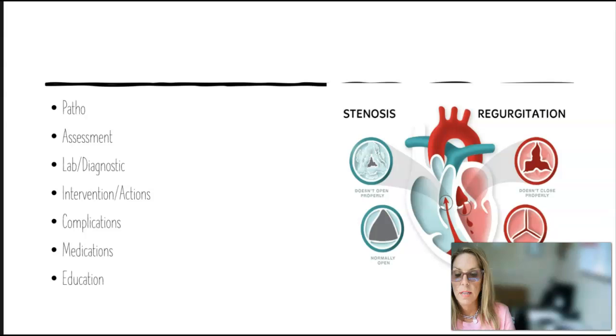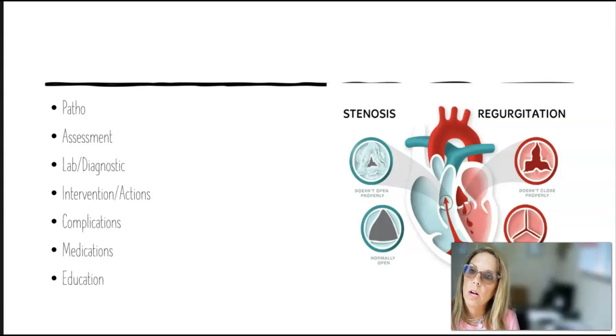Your complications that you are looking for is with mitral stenosis, AFib, or emboli, which can lead to stroke. With mitral regurgitation, we want to look at the size of the left ventricle, and then we might see it enlarged or some pulmonary edema. With aortic stenosis, we're worried about aortic dissection or sudden cardiovascular collapse or death.